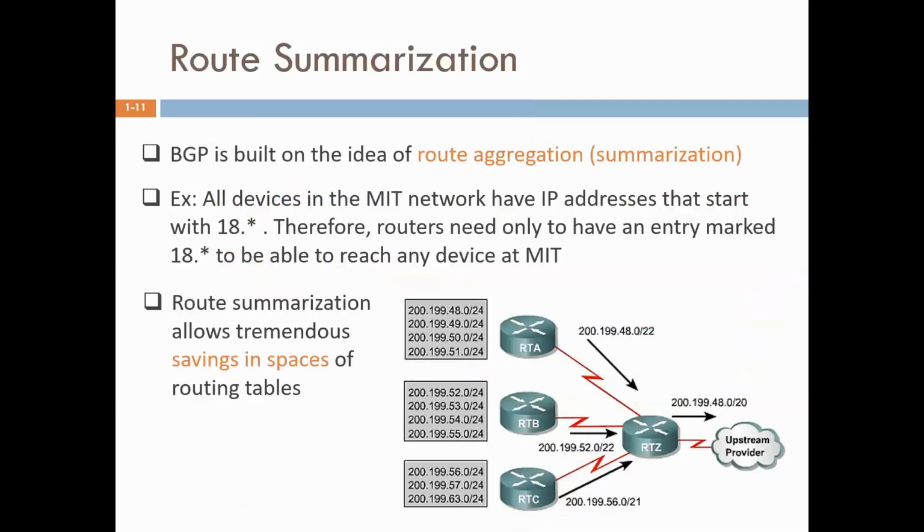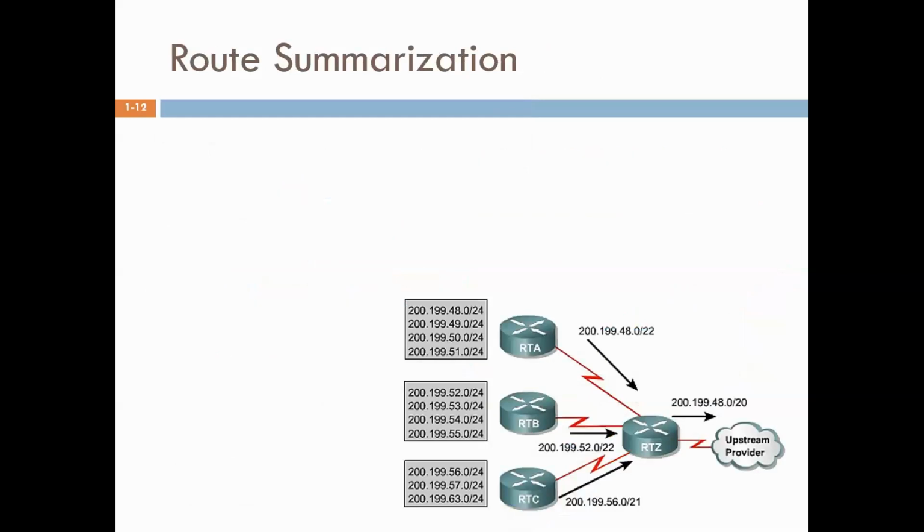We said that every router will make an announcement that says what networks are connected to it. So let's say in this figure you have router A. Router A is connected to these four networks.